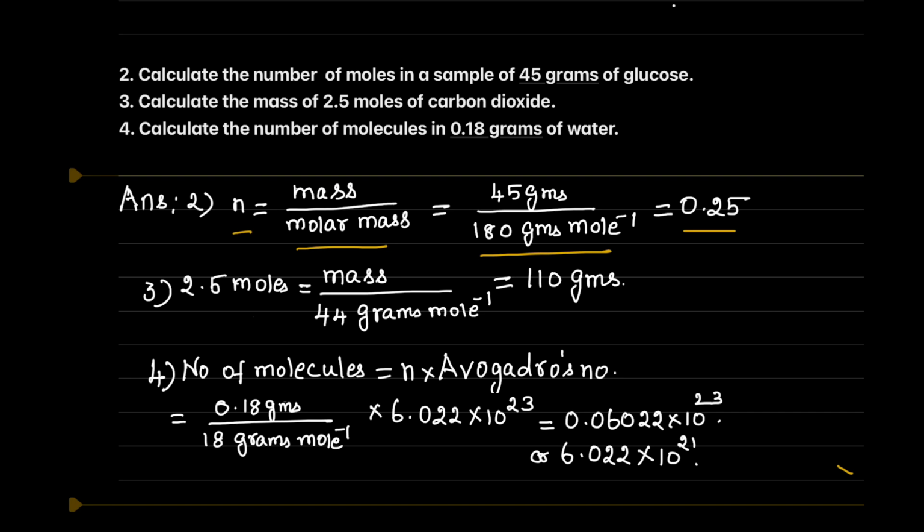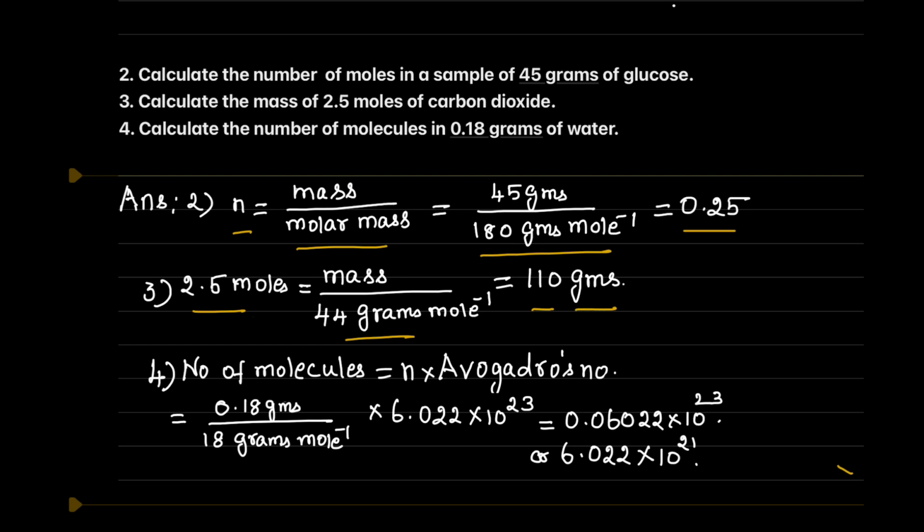That is, n, the number of moles, is equal to mass divided by molar mass. The number of moles mentioned in the problem is 2.5. So 2.5 moles is equal to mass, which is unknown, divided by 44, the molar mass of carbon dioxide, which gives the answer 110 grams.